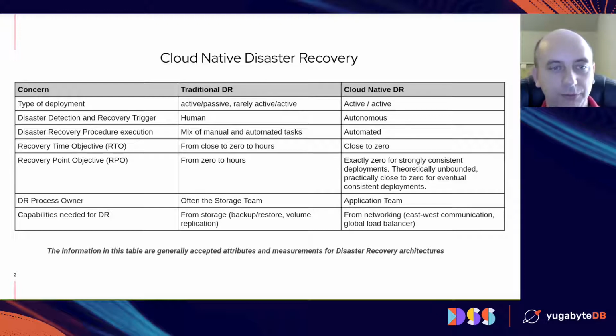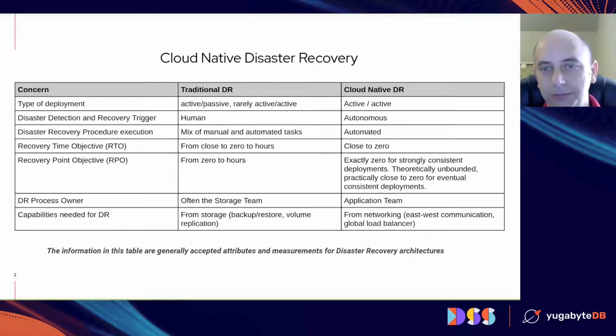And then for the trigger, that's how do we realize that there is a disaster and the disaster event occurred? Normally the detection and the trigger is human in traditional DR. So a human decision, somebody who clicks a button and decides, okay, we are in a disaster situation, we need to trigger the disaster recovery procedure.